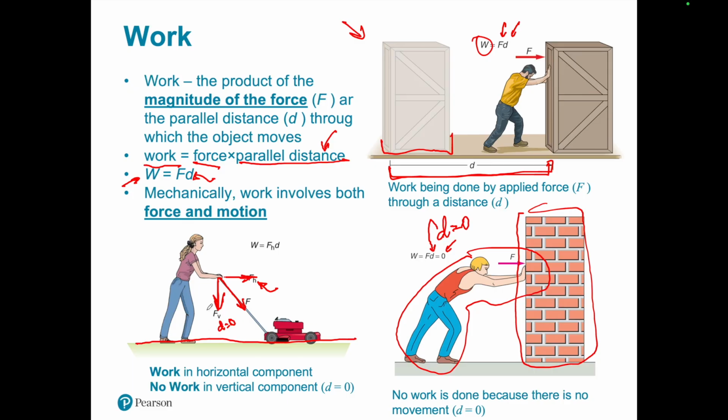Now think about it: if the vertical work right now is 0 because the land is flat, what do you have to do to actually do some work in the vertical direction? Well, imagine if there was a hill and she pushed up the hill. Now she would be doing work in both directions, because her vertical distance is changing and also her horizontal distance is changing. So that's the big thing, okay? The object has to be moved a distance for there to be work done on it.